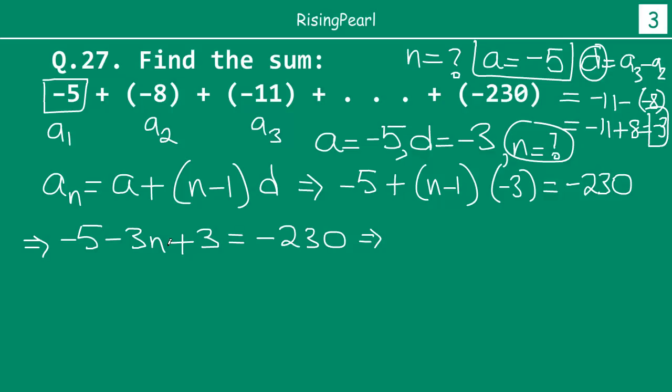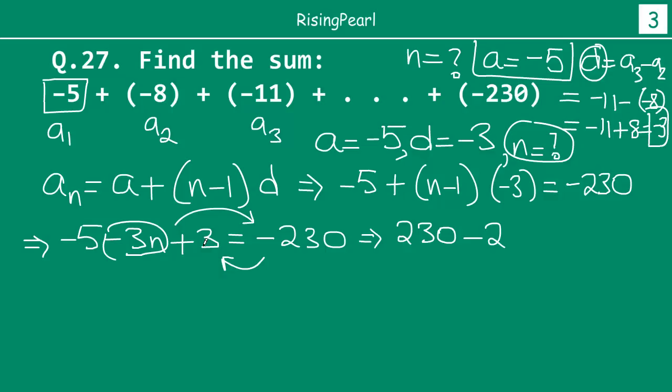Or if we solve this, let's take the minus 3n to the other side of the equality, so it will become plus, and this minus 230 we will bring it on this side of the equality sign. So minus 3n, so plus 230, so this side will be 230, and minus 5 plus 3 is minus 2, right?